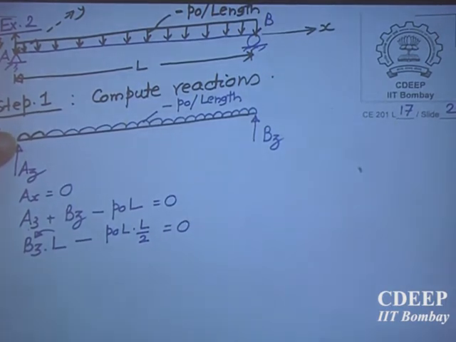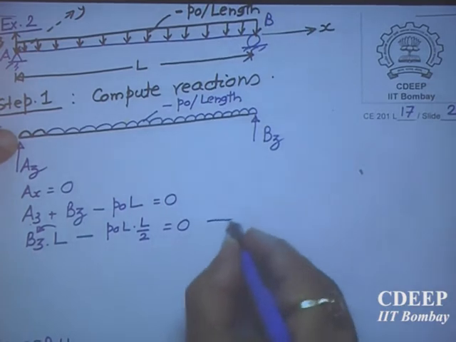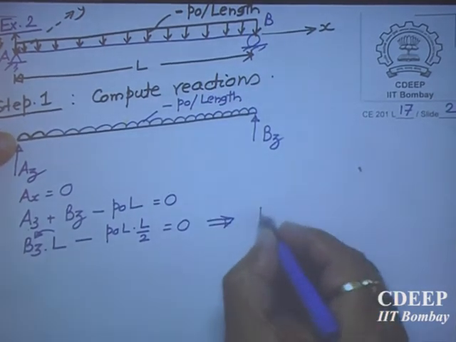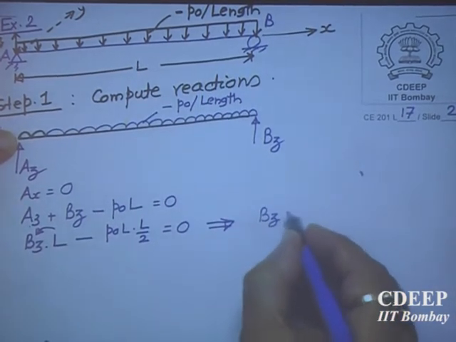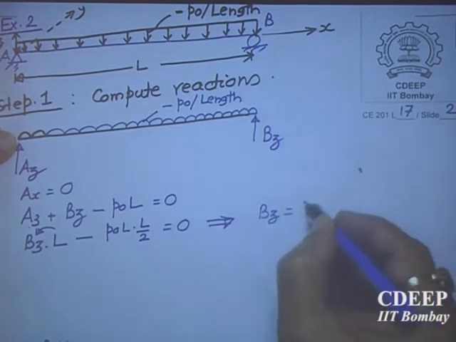So I have got three equations, and from this I get directly Bz equal to P naught L by 2.